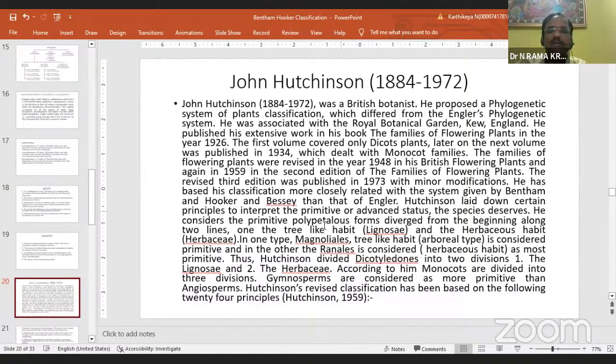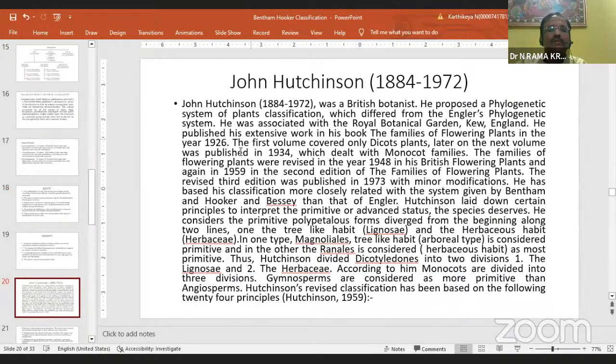This total system is totally phylogenetic for the entire plant classification, but it is a little different from Engler's phylogenetic system.